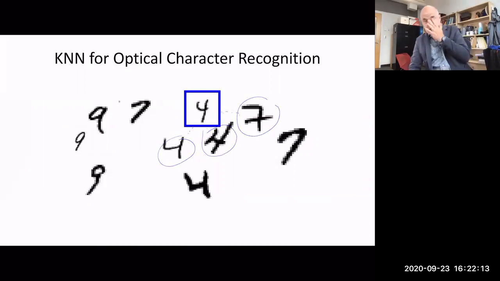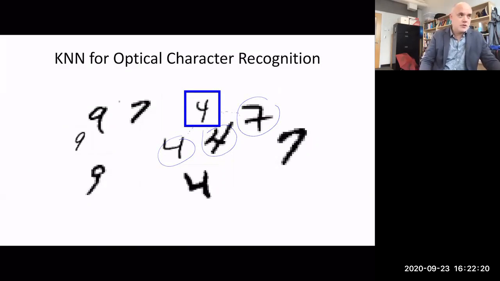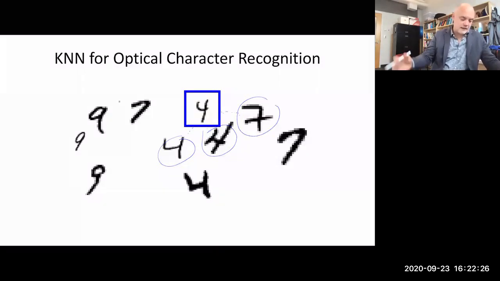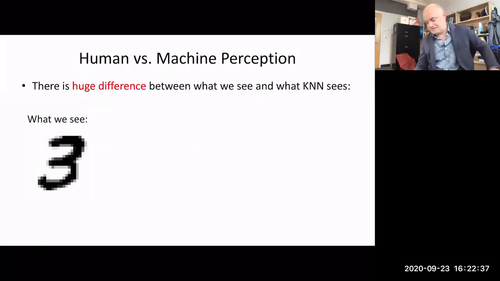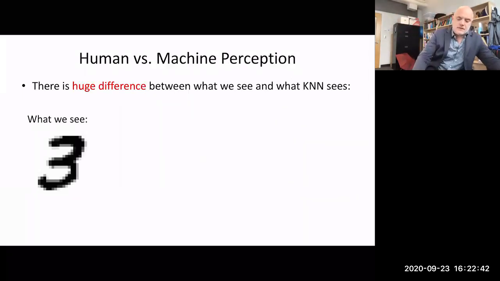One way we could do this is to look in feature space, whatever that happens to be, compute some sort of distance using a norm between the examples, and then return the mode of the class. That's exactly what k-nearest neighbors would do. But now we have a 784 dimensional space, so distance is going to be pretty large, and there's a couple of things to talk about here.